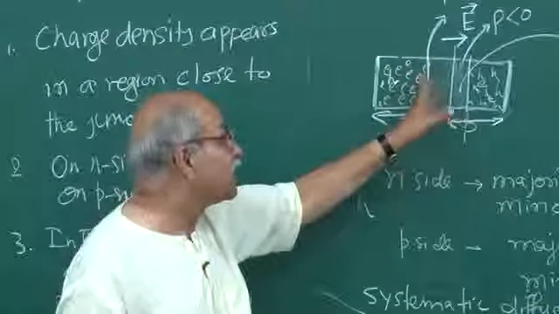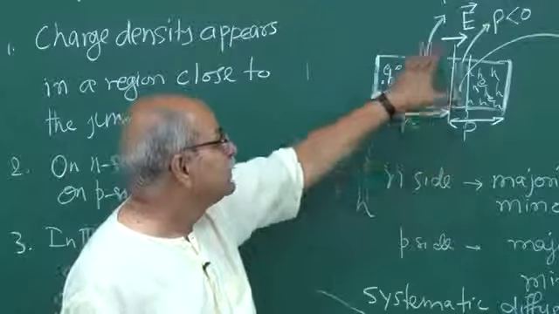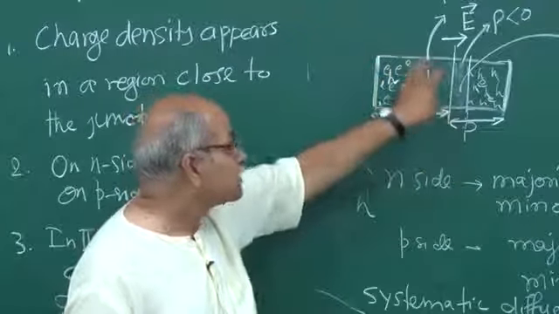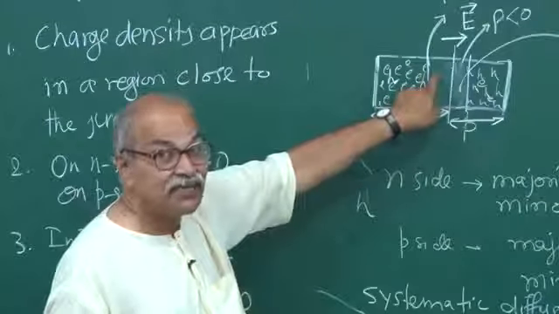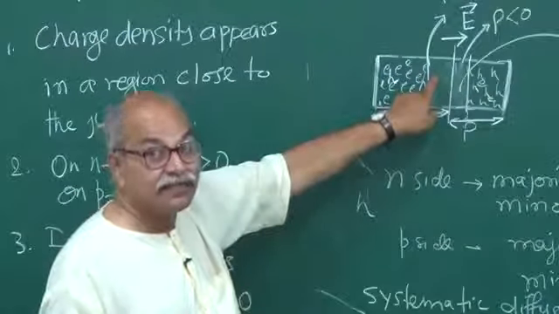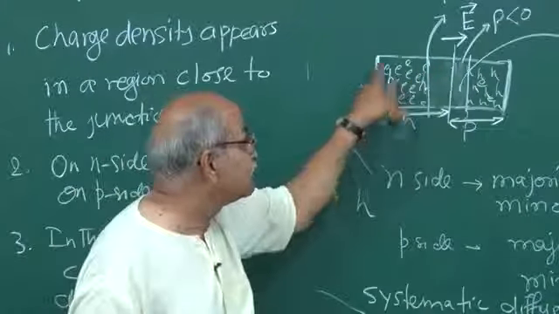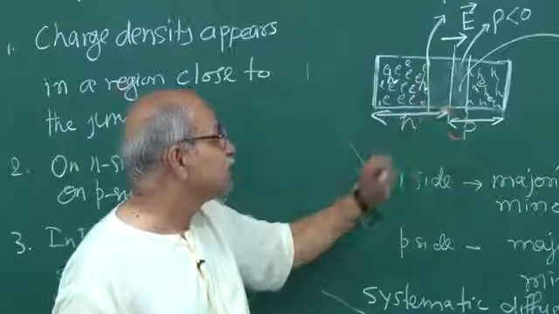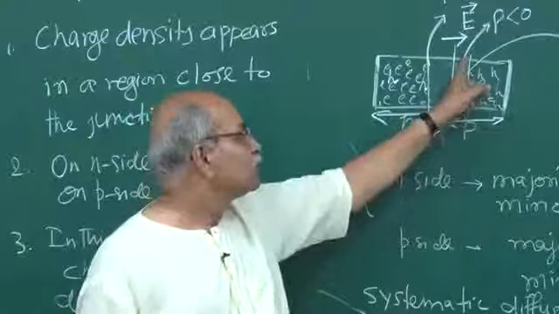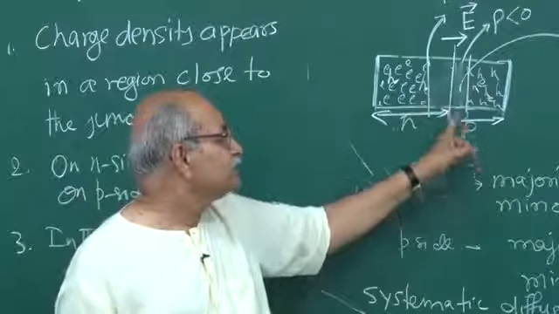Although the conduction electrons are not there, the holes are not there, still those pentavalent impurities that we have put in, arsenic or phosphorus, are distributed in this entire region. This is still n-type region. And similarly here, although there are no charge carriers, no holes, no electrons, it is still p-type.